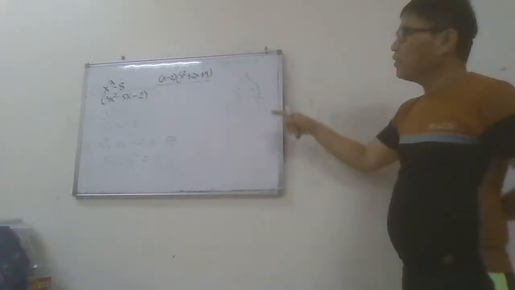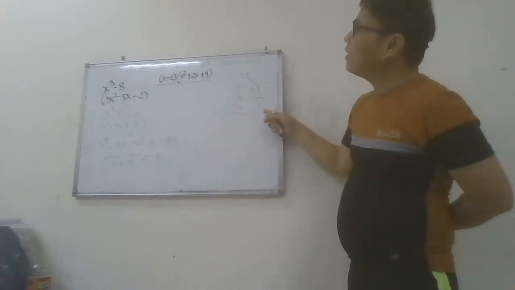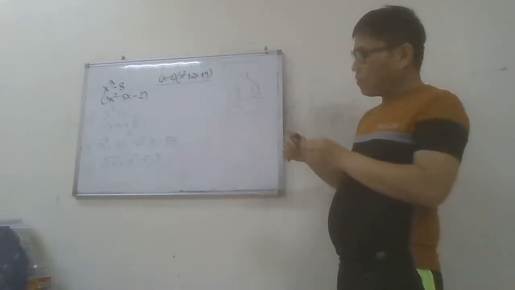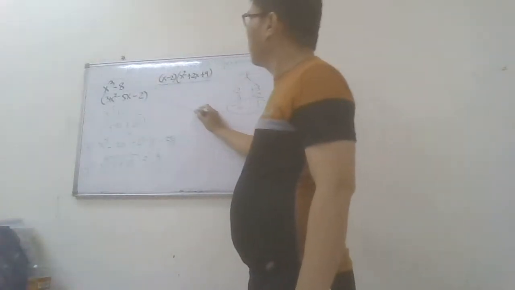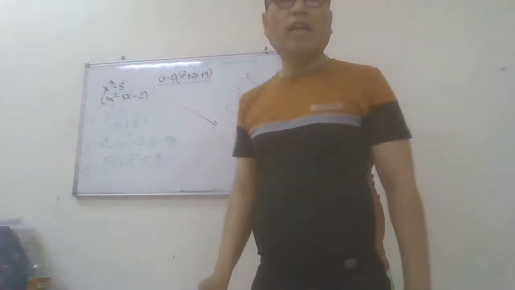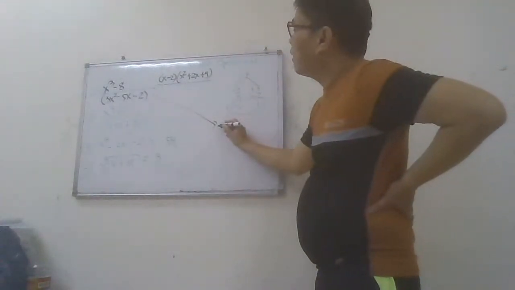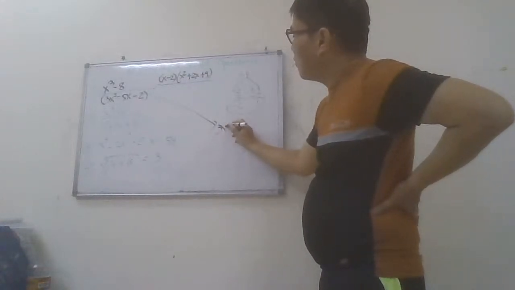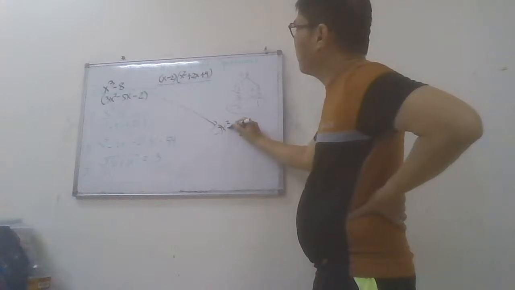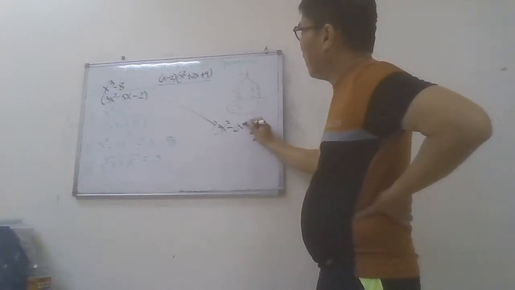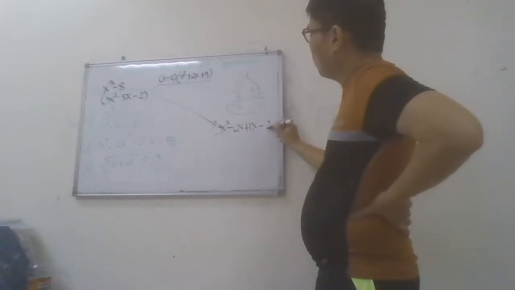Okay. Here, it's clear. Can you see this factoring? So if that is the case, this will become 3x squared minus 6x plus 1x minus 2.